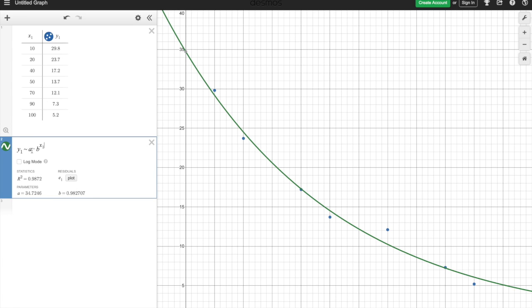So remember, a is the initial value, b is the base of our exponential function, and x1 is the variable. And once we're finished typing all of that, we can see the solutions for the parameters that the computer gives us. We see that a, the initial value, is about 34.72, and the base is about 0.98.